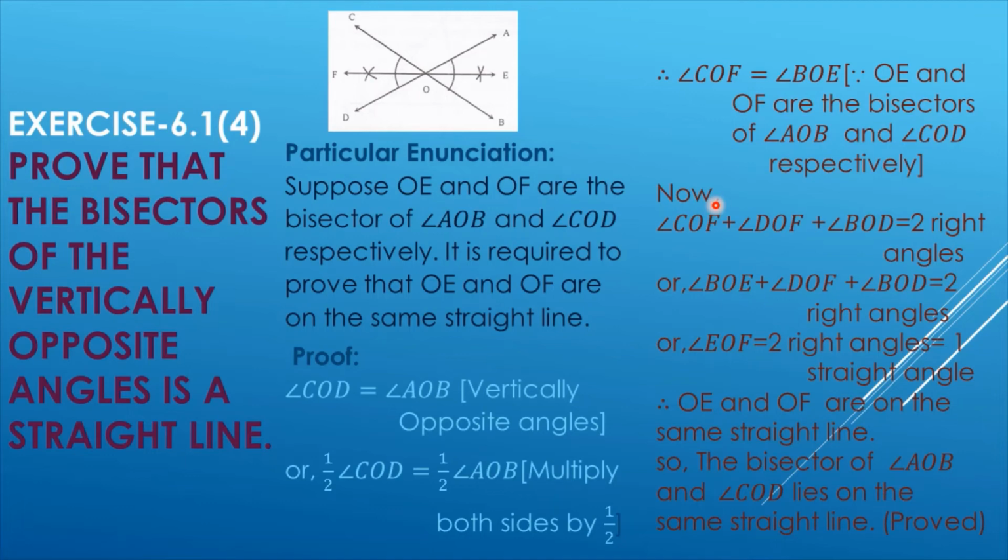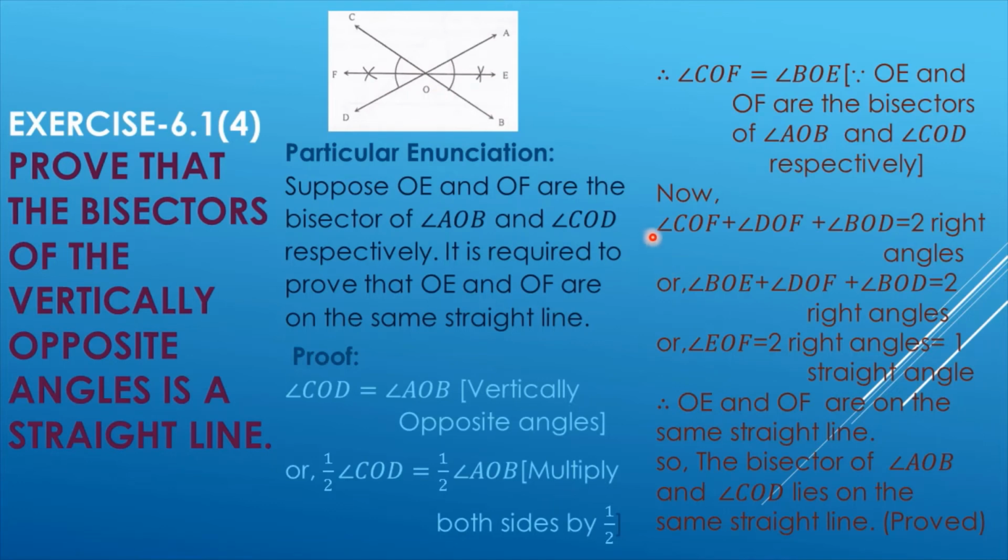from the figure, now we can write, as you can see, angle COF plus angle DOF plus angle BOD. If you look at the figure properly, a straight angle has been created. So in case of a straight angle, we can write two right angles. So the sum of these three angles is two right angles.